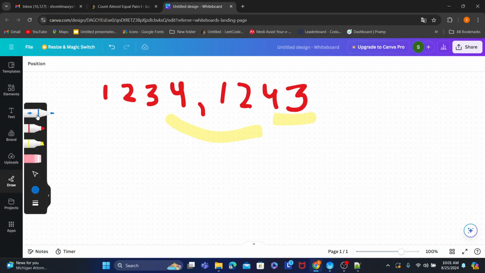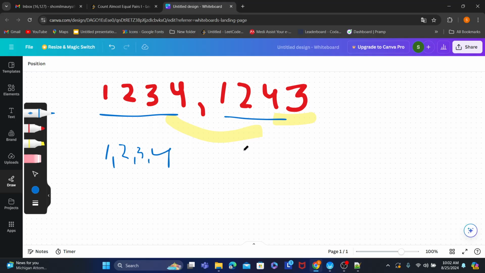So what is the brute force? What we will do is find the digits of this, then check if all the digits are the same, like in this case 1, 2, 3, 4 and 1, 2, 3, 4, meaning the set of digits, not the exact number. What are the digits? 1, 2, 3 and 4.